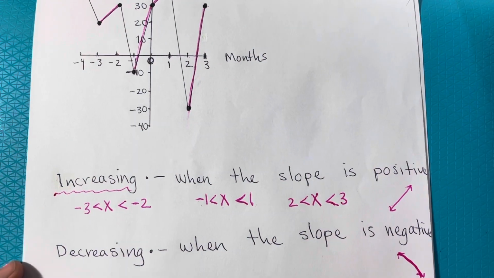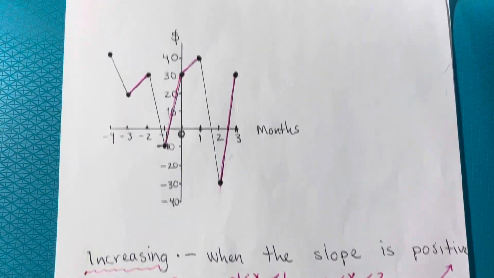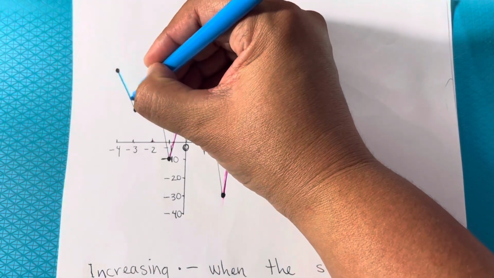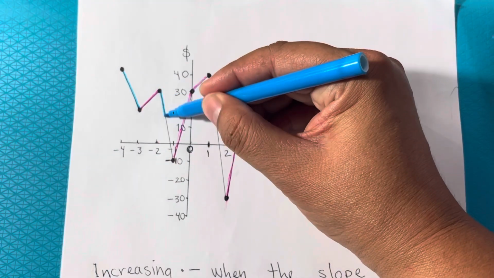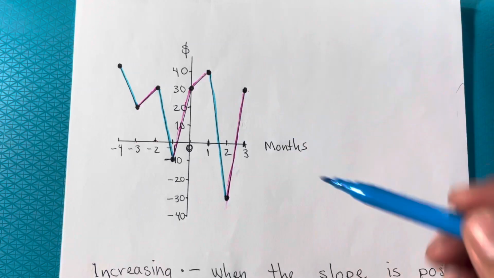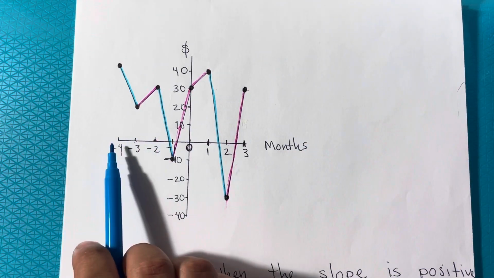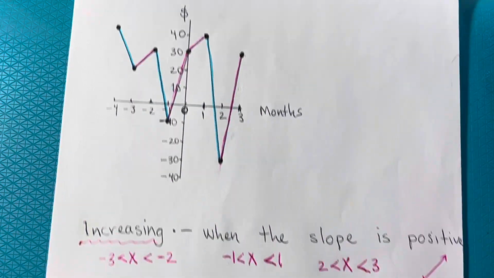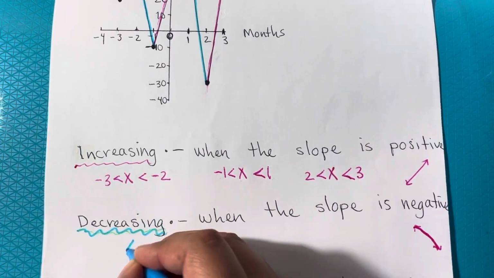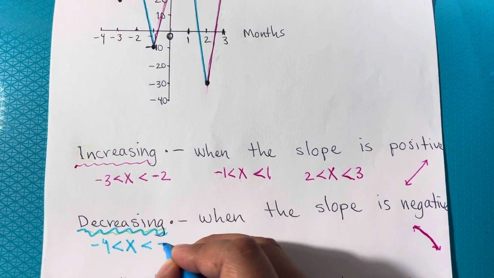Okay, now let's do decreasing. Decreasing is when the slope is negative. So in this section right here, and this section right here, again, we just look at between what values of x. So it's between -4 and -3. So we say x is greater than -4 but less than -3.